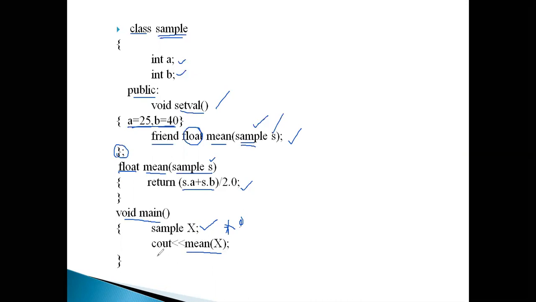After that, we have to specify this one. So here I specify x.setVal, which will assign the values 25 and 40 to A and B. Then it is going to calculate the mean, calling mean of x as a normal function. So this is the difference.